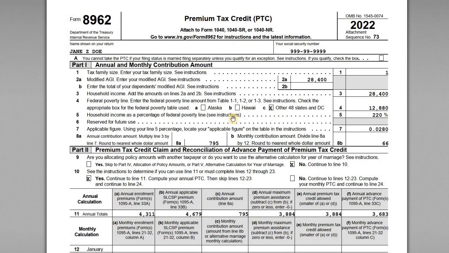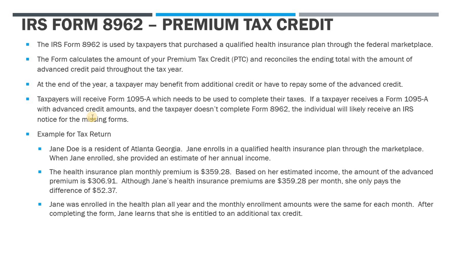But first, we want to have a look at one slide I had prepared, which covers some of the background on the form, why we need to do it, and also the fact pattern that we're going to be working with. All right, so just to recap, the 8962 is used by taxpayers that have purchased a qualified health insurance plan through the insurance marketplace. If you purchase a health insurance plan through the marketplace and you qualify for certain income limits, you might be able to get what's called the advanced premium tax credit.